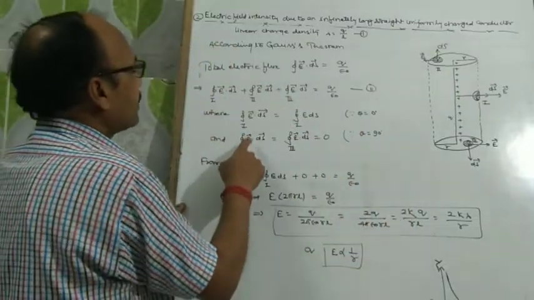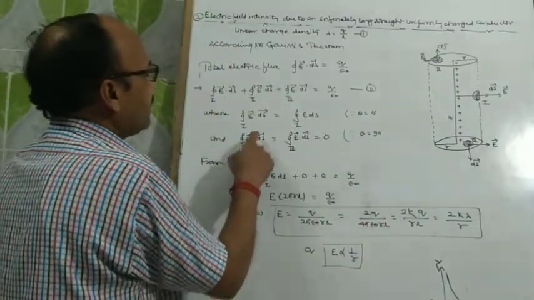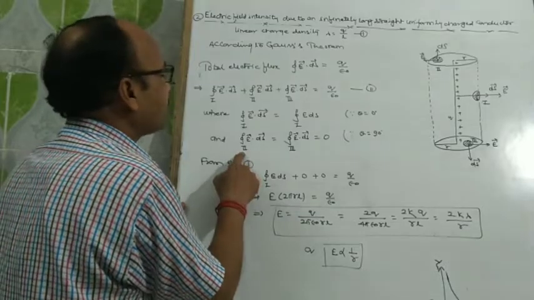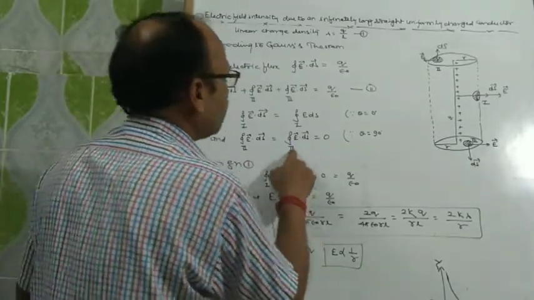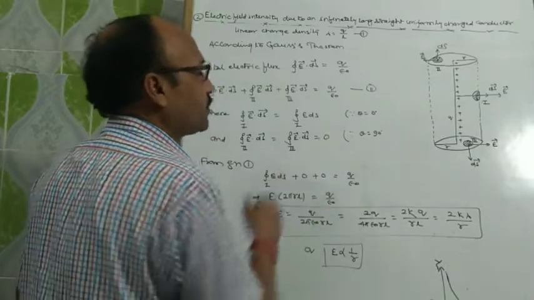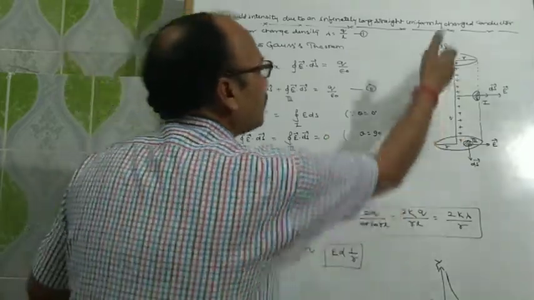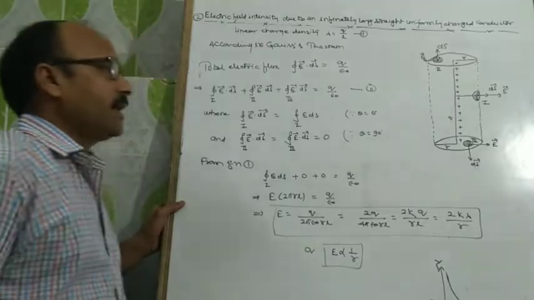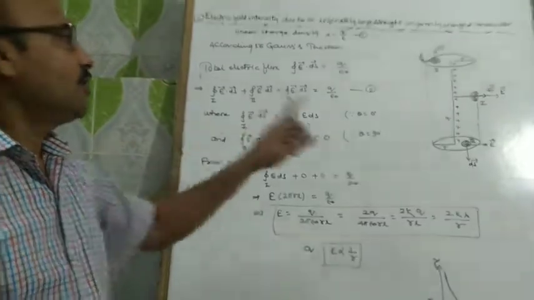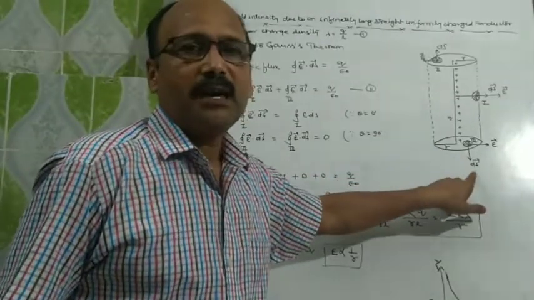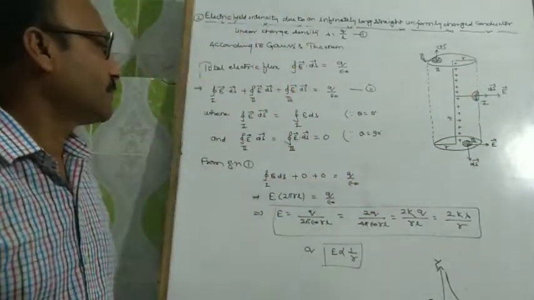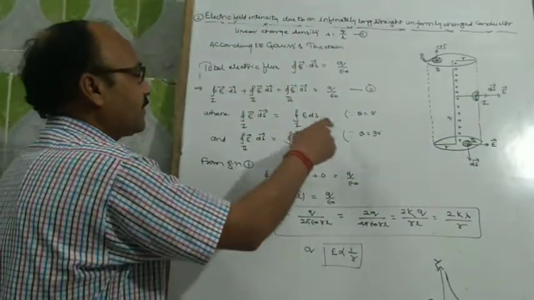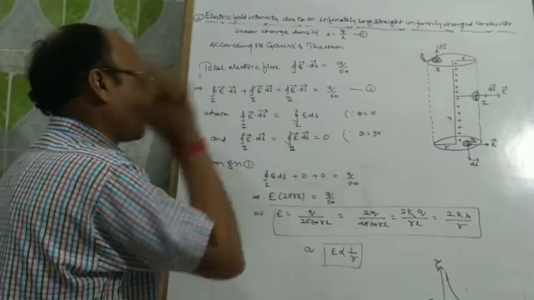It means closed surface integration E dot ds from the second surface equals closed surface integration of E dot ds from the third surface equals 0. Why? Because in both cases the electric field and area vector are perpendicular to each other. So the electric flux will be 0 from these two surfaces.